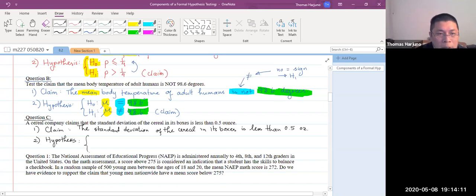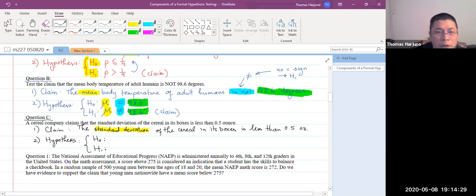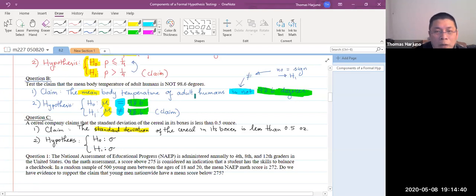We start with the brace, null hypothesis first, and then underneath the alternate hypothesis, each with a colon. Then we see what parameter is being used. It's about standard deviation, and the notation for standard deviation is sigma. Then the inequality: less than.